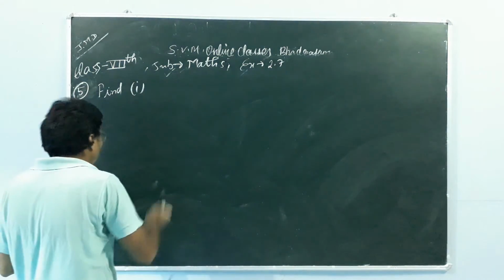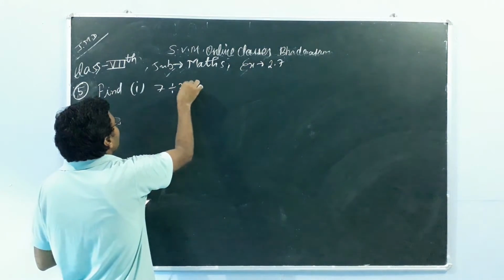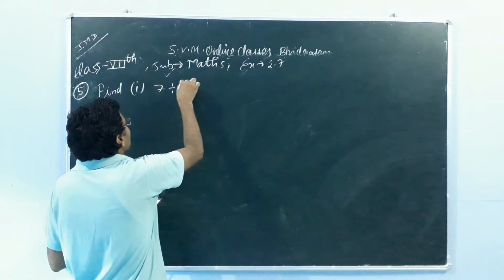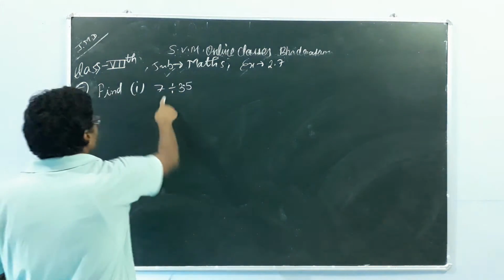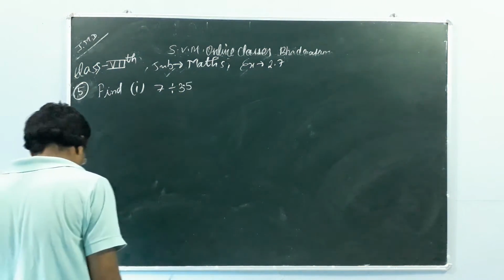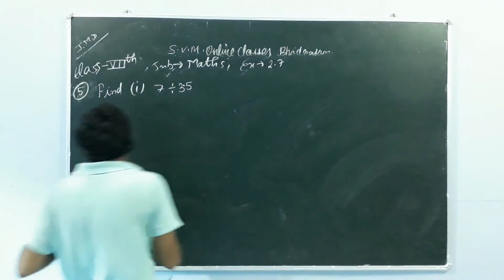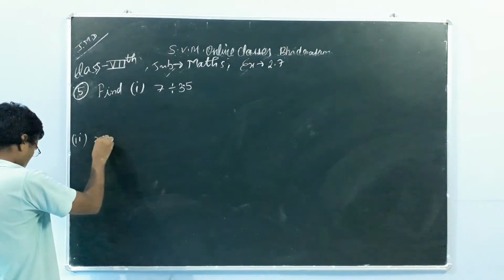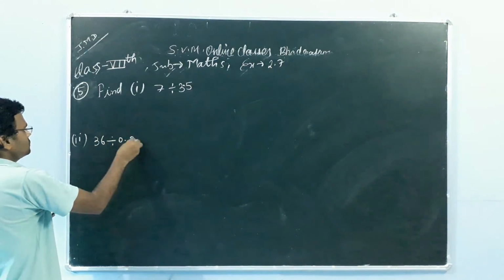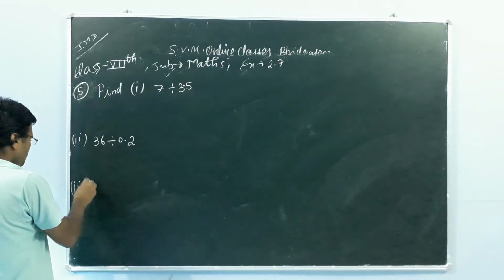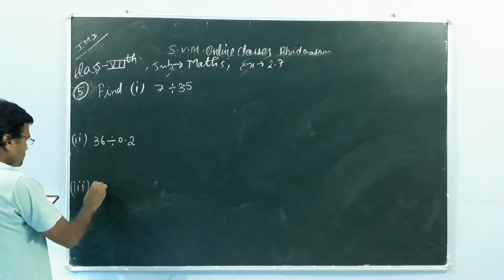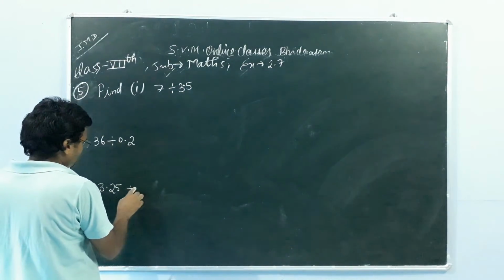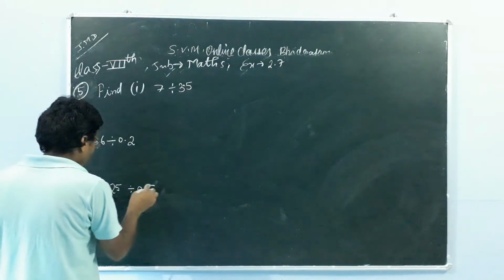Part first is 7 divided by 3.5. Second part is 36 divided by 0.2, and third part is 3.25 divided by 0.5.